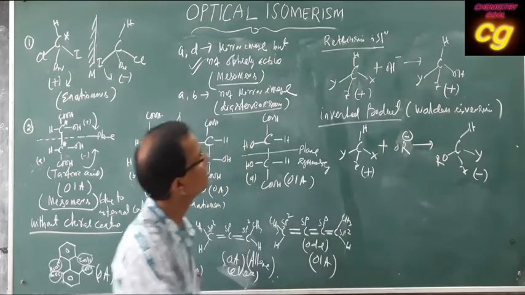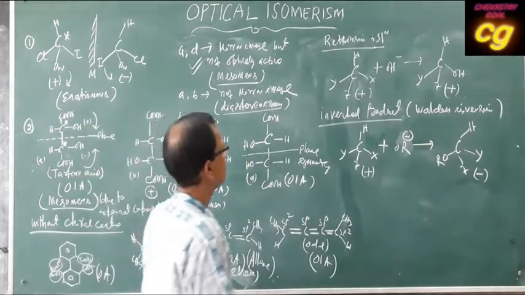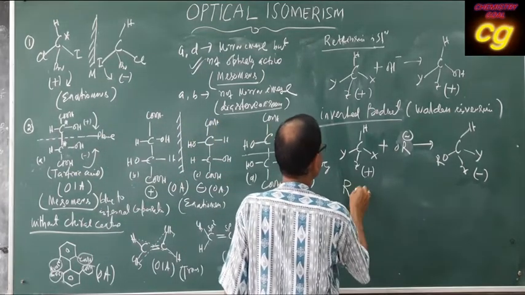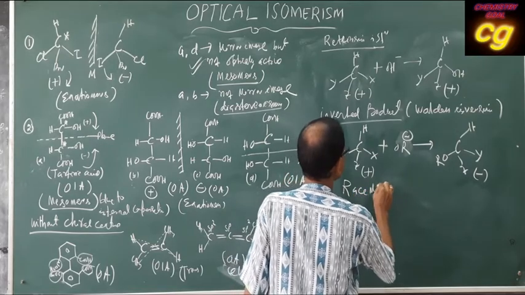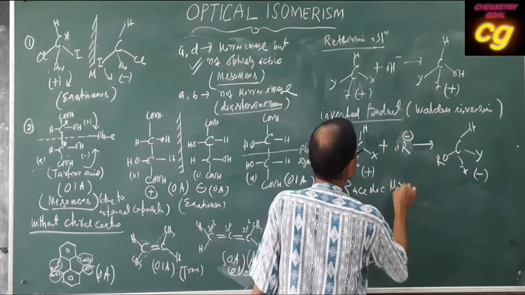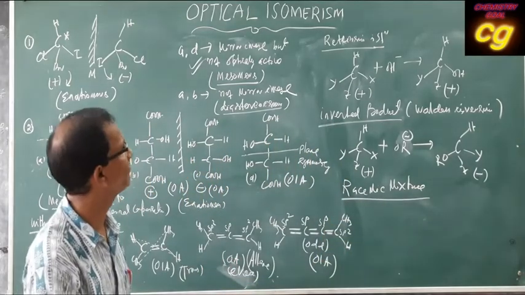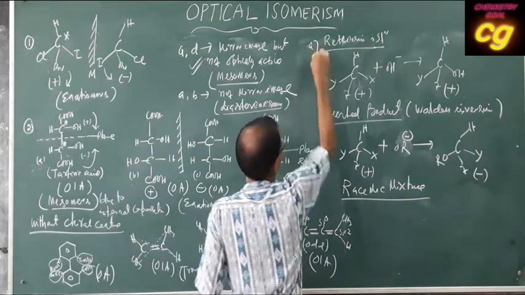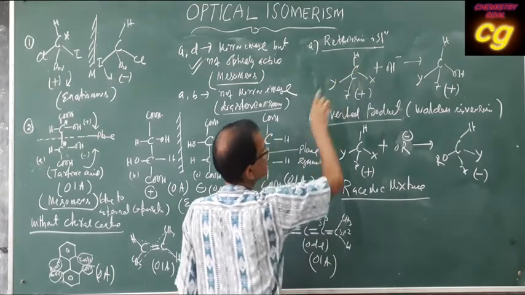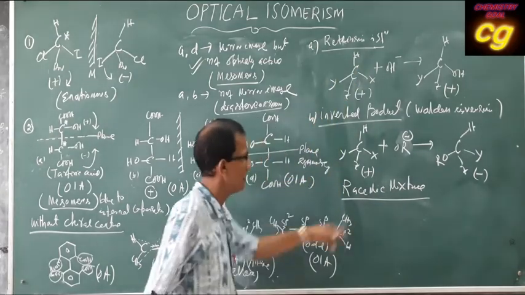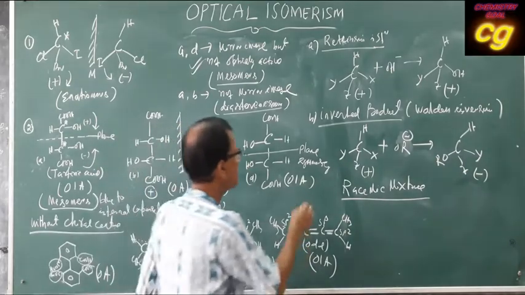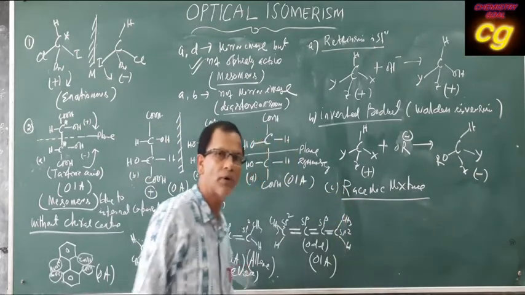Retention of the product. Here, racemic mixture. This is a very important part of optical isomerism. That is the type of product: retention product, inverted product, racemic mixture. Racemic mixture is very important.